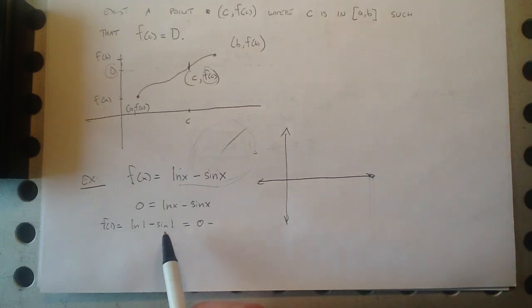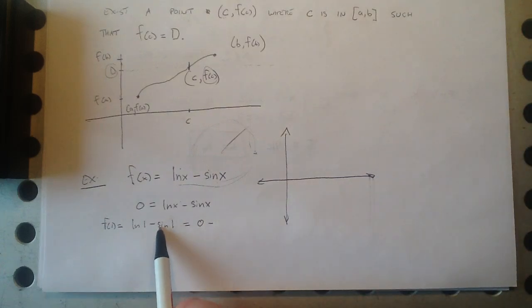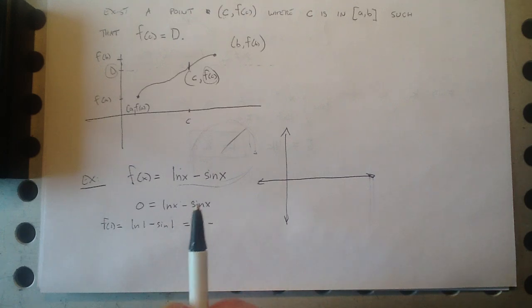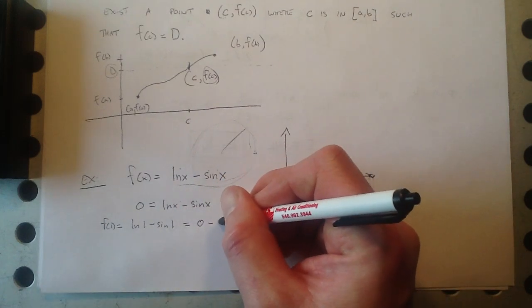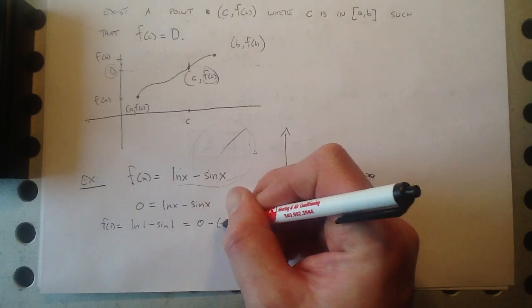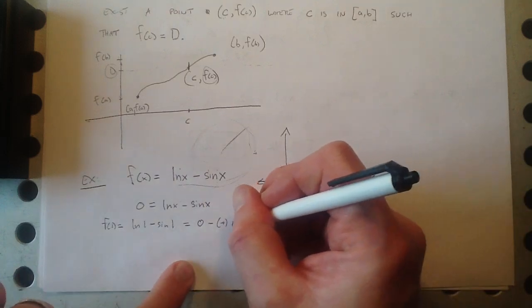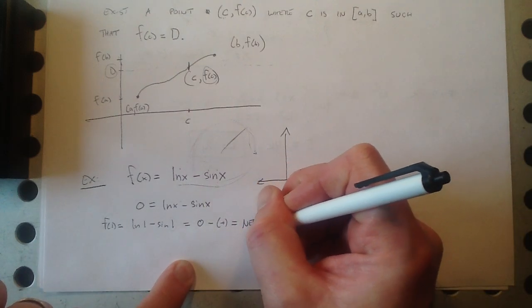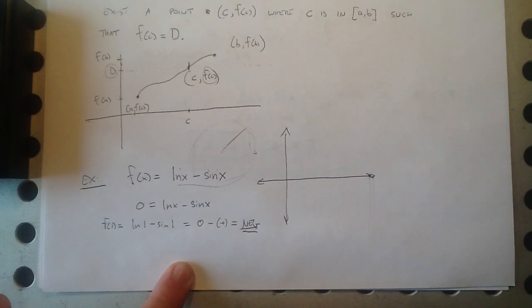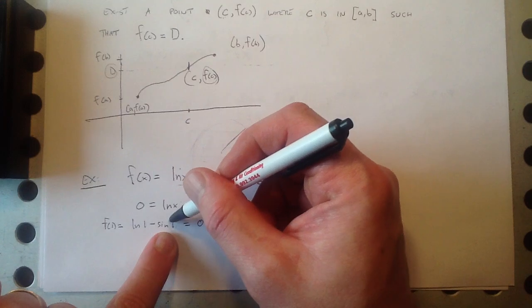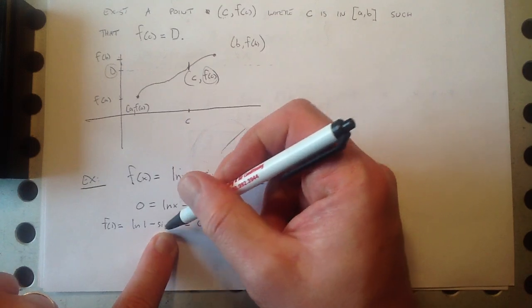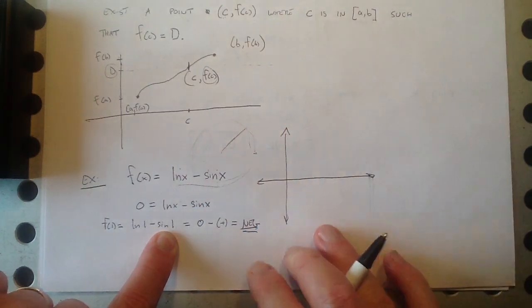But anyway, the sine of 1 is some positive number. 0 minus some positive number is a negative number. There's no question that the natural log of 1, which is 0, minus the sine of 1, which is positive because it's an angle in the first quadrant, is negative.